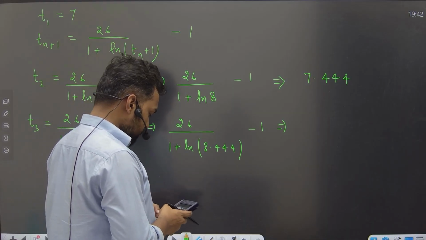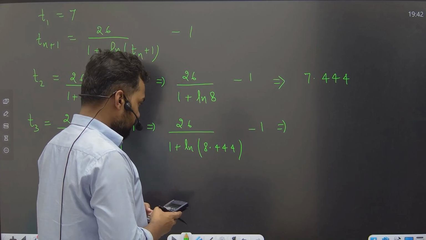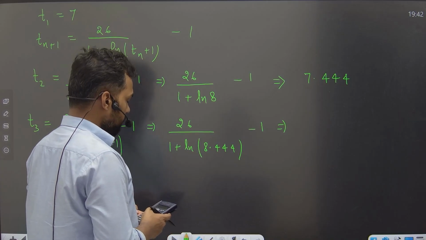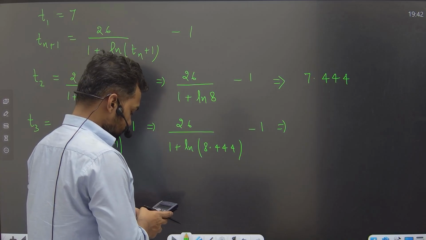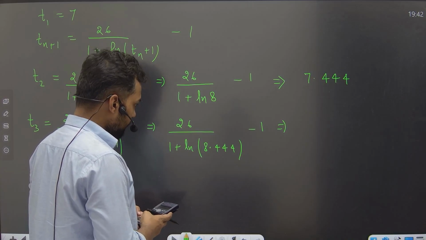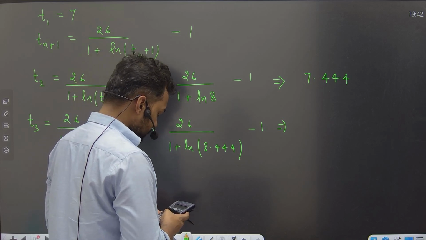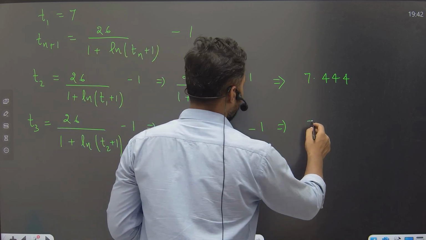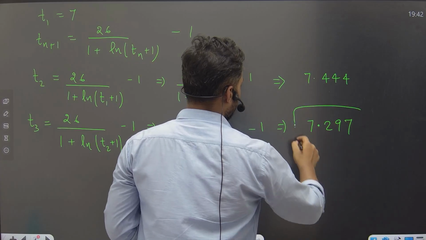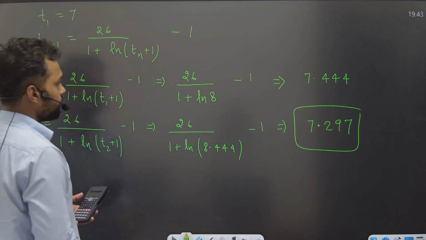Log of 8.444, that is 2.13, plus 1, that is 3.133. 26 divided by 3.133, we are getting 8.29, negative of 1, that is equal to 7.297. So this is the value of T3, students.